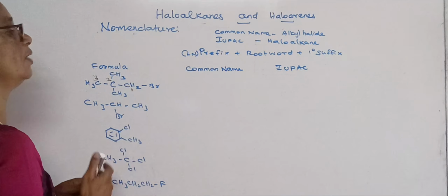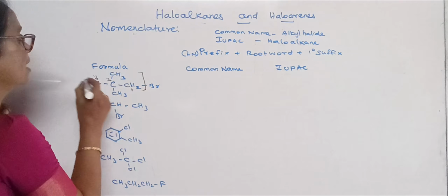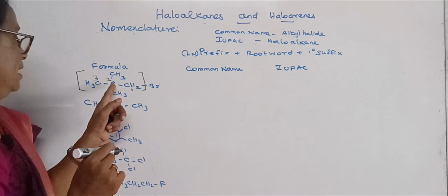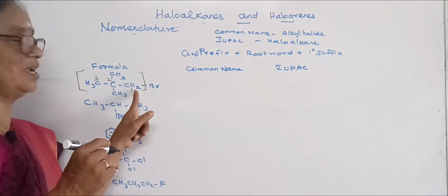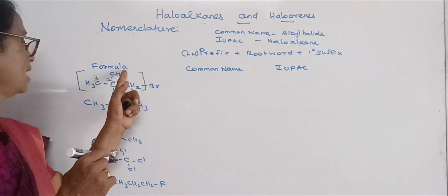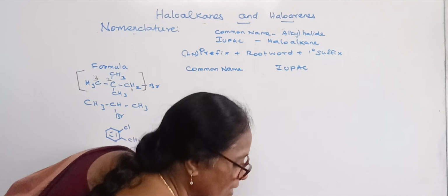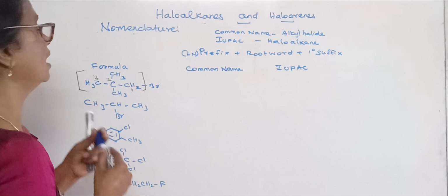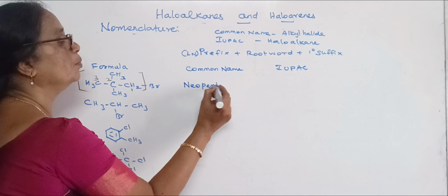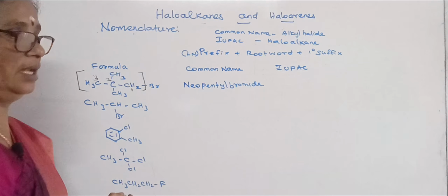So how to name it? First of all, the common name. This structure is neopentyl: a tertiary carbon with a primary carbon. This is called the neo structure and it has totally 5 carbon atoms. So the name of the first one is neopentyl bromide. This is the common name.